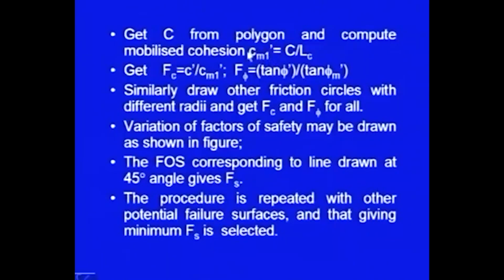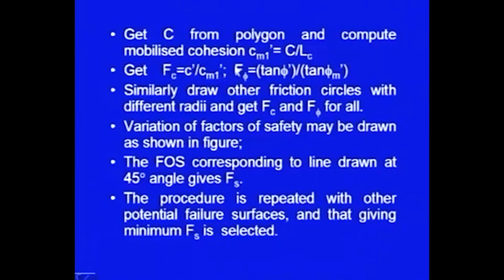Once we get this Cm1 dash, you can find the factor of safety against cohesion. Fc will be equal to the available effective cohesion C dash divided by Cm1 dash, the required mobilized cohesion.